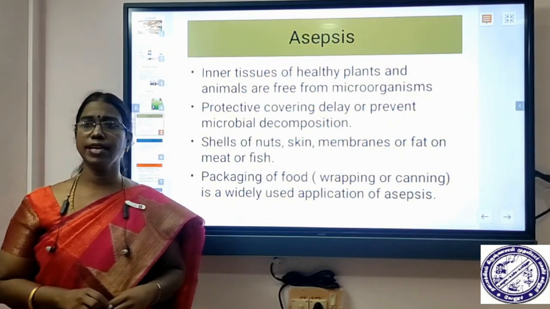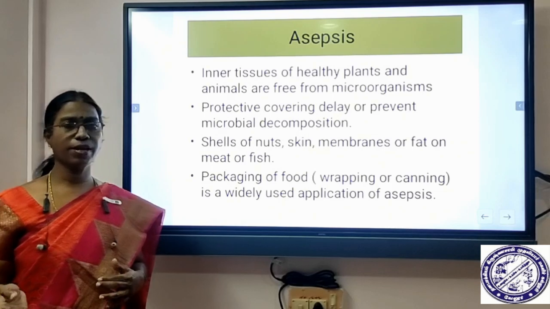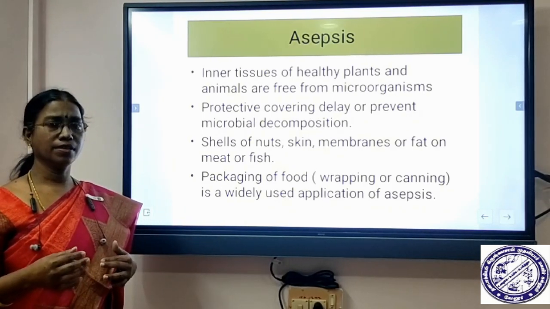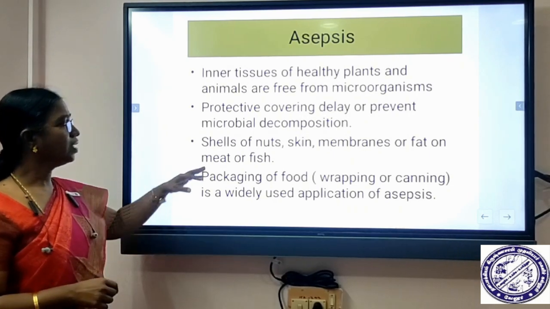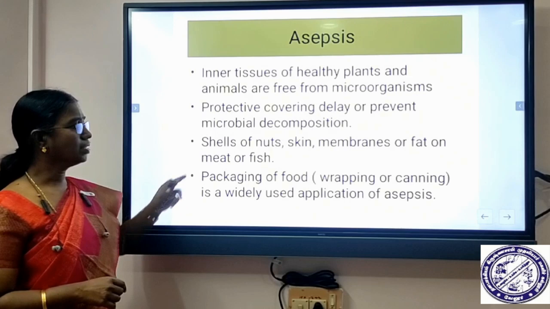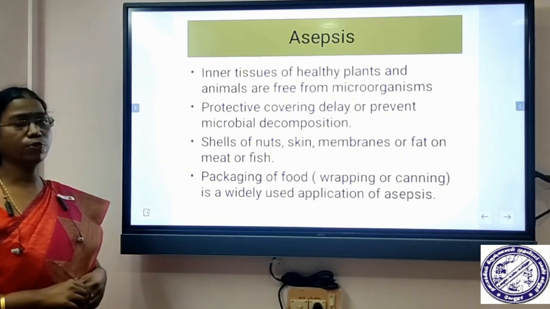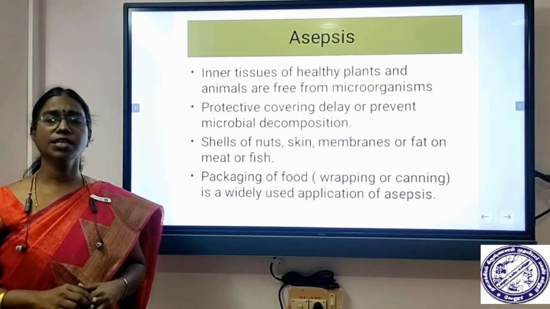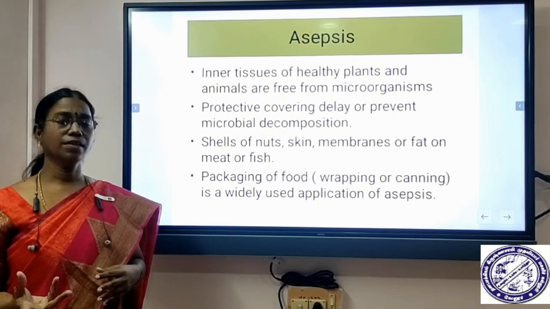The first one is asepsis. Asepsis is nothing but keeping the food away from microorganisms, so that the food is protected from them. By nature, the shells of nuts, the skin of fruits and vegetables, and the membranes or fats on meat or fish generally protect the inner tissues of the fruits and the meat.